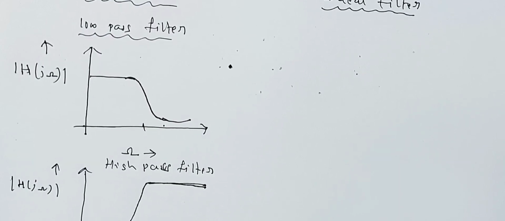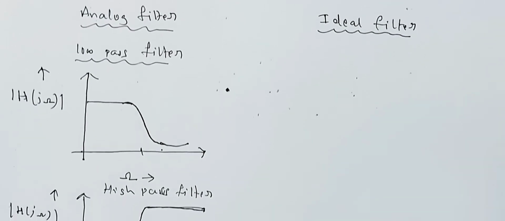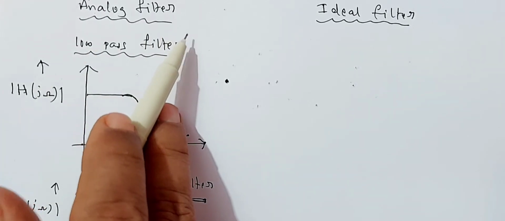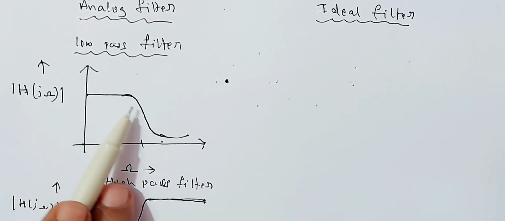What is actually an analog filter? Analog filter is the actual behavior of the magnitude frequency response. That is, for a given filter, what is the actual behavior of the filter? That is the analog filter. There is no discontinuity.